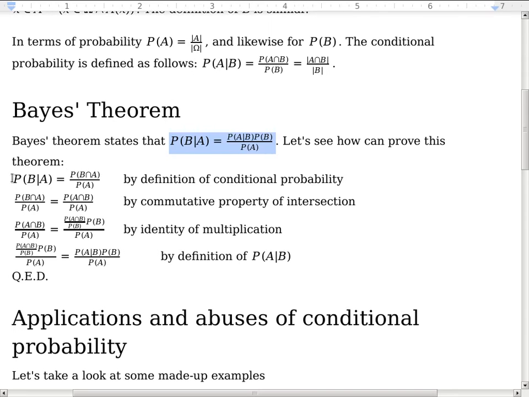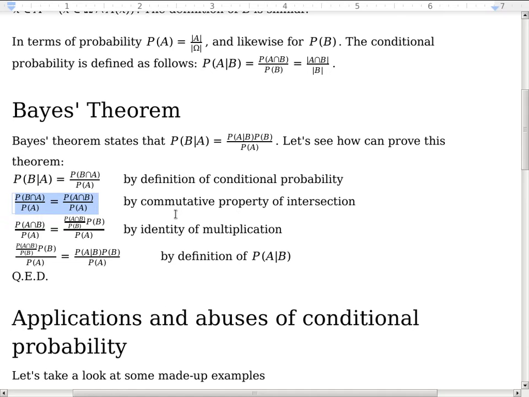This is the proof. The first part here is basically by the definition of conditional probability. The probability of B given A is the probability of B intersecting with A divided by the probability of A. And then the next one is by the commutative property. I'm just looking at the first part, which is copied from the top, and this is the second part here. The only change is, B intersecting with A is the same as A intersecting with B, because intersection is commutative.